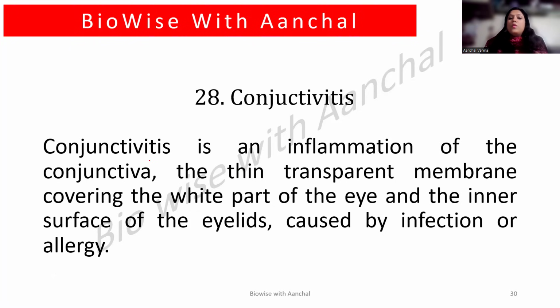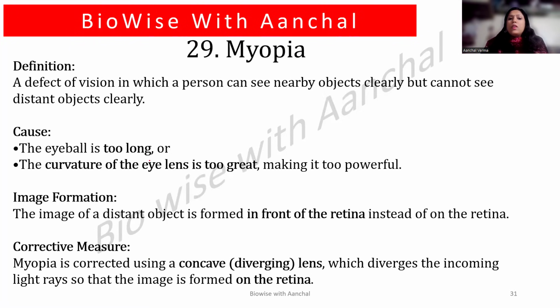Moving to the next, myopia. Myopia is a defect of vision in which a person can see nearby objects clearly but cannot see distant objects. Since you can see the near objects and cannot see the farther objects, myopia is called short-sightedness. The eyeball is too long.